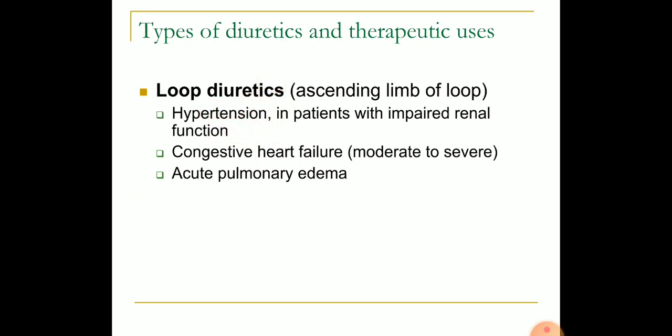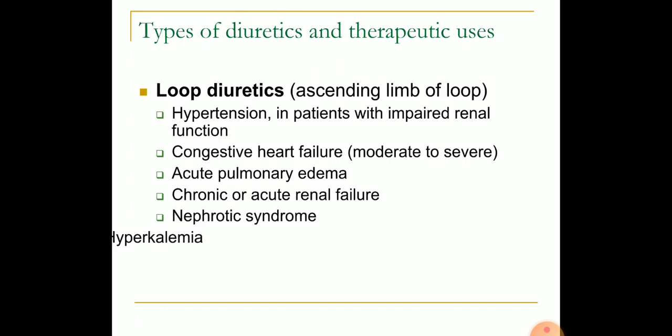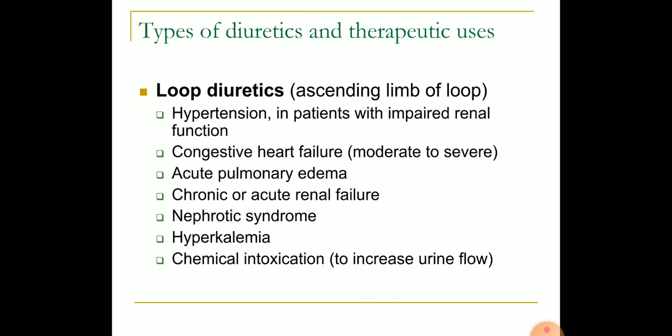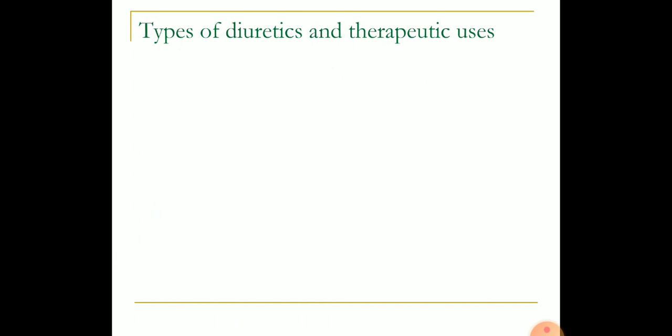Thiazides are always preferred, but in pulmonary edema, due to venodilatation and the release of prostaglandin followed by its diuretic action, it is a preferred drug. And in case of renal failure, you can always prescribe drugs like loop diuretics. So, these are all the therapeutic uses of loop diuretics.